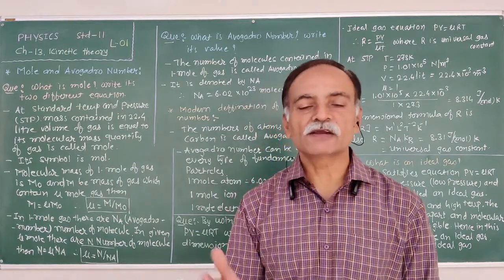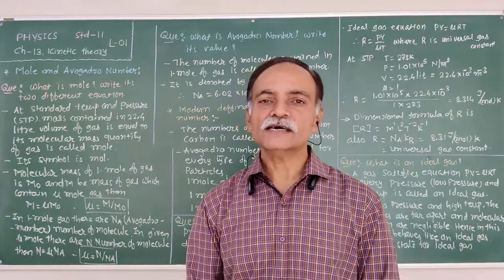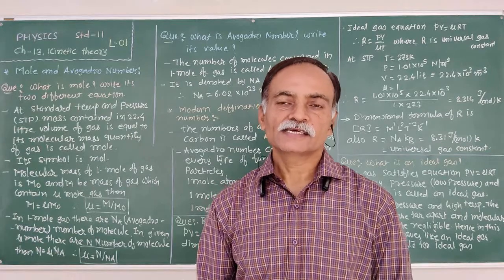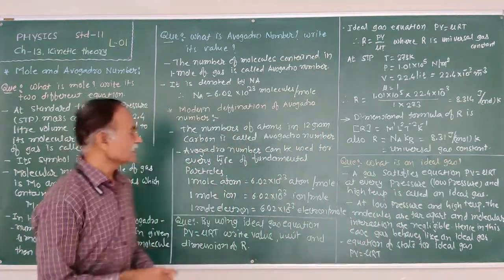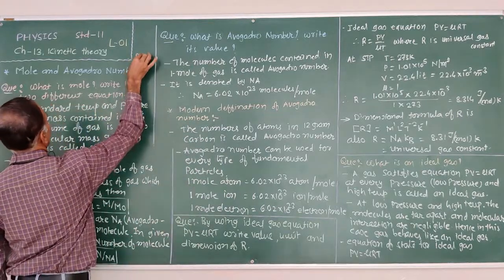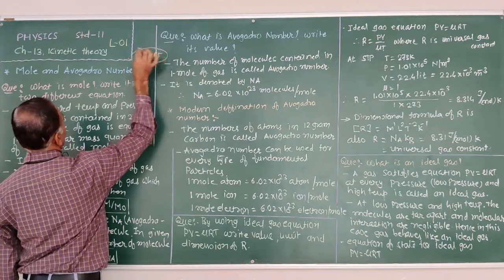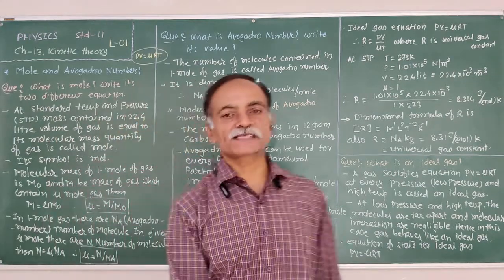Therefore, PV is equal to mu RT. Mu is the quantity of a gas and R is the universal gas constant. So this equation, PV is equal to mu RT, is known as the equation of state.